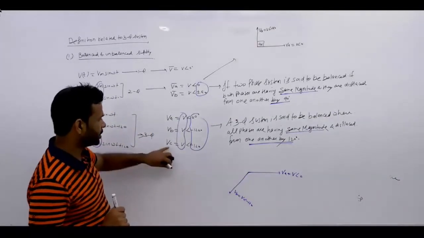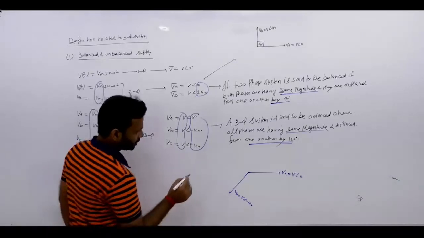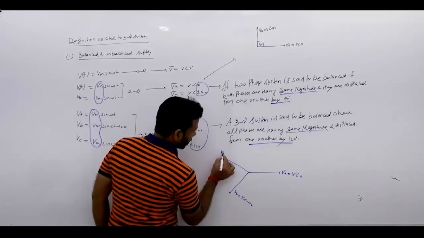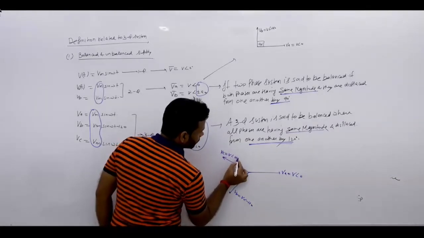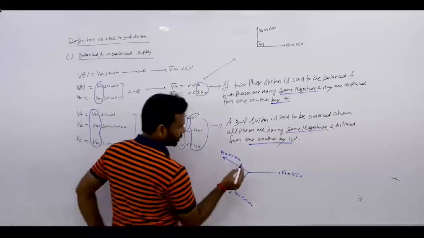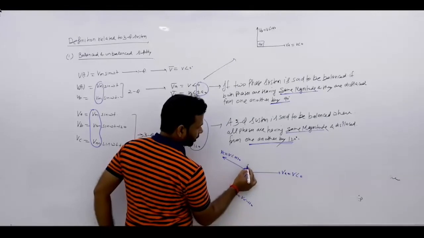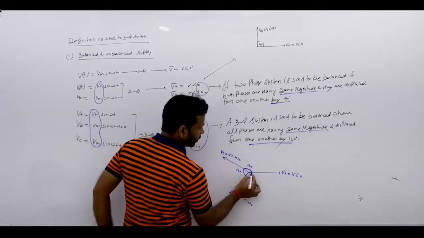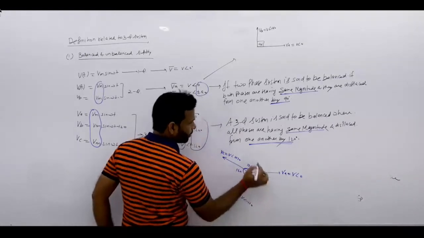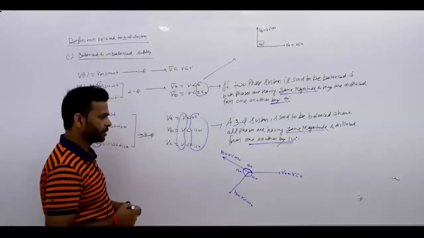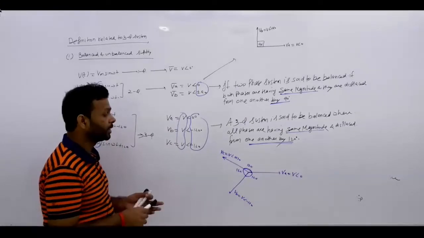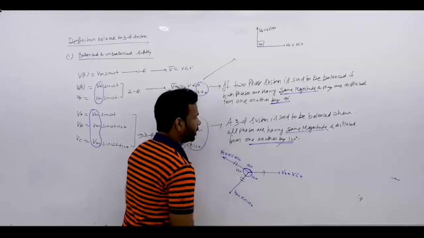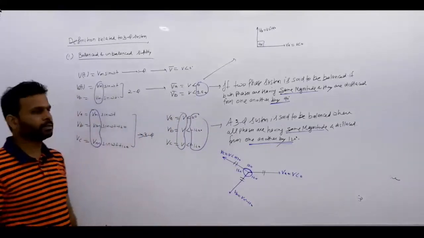Similarly, you have the C voltage, which is in this direction because positive angles are drawn in the anti-clockwise direction. If you see, all the phase voltages have 120 degree between them, and their magnitudes are also the same. So this is the phasor diagram of a balanced supply.